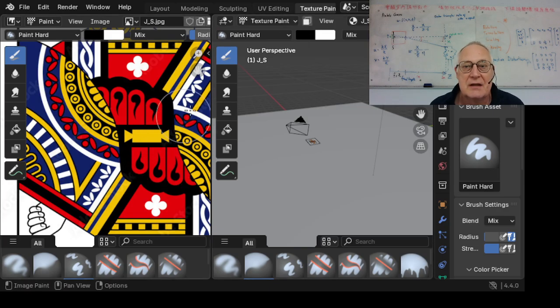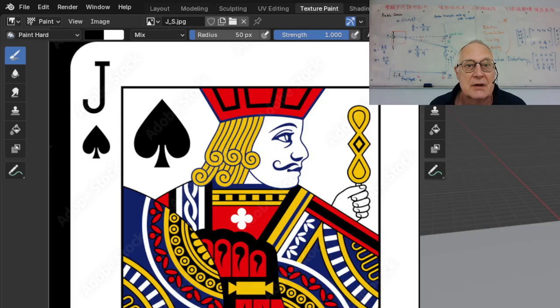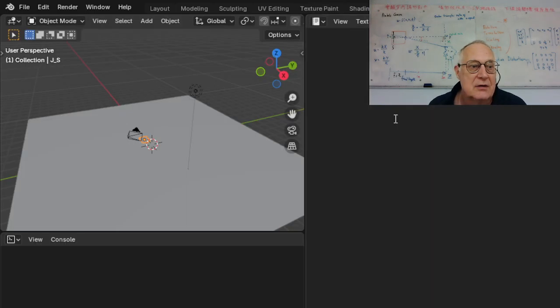Now I made the window too small. So here's scripting.